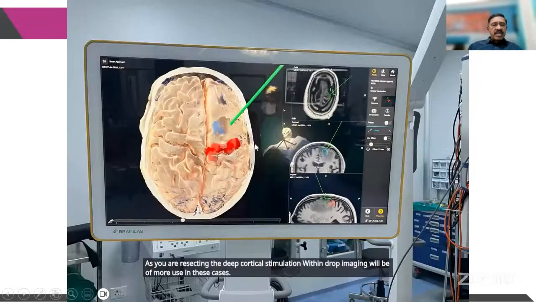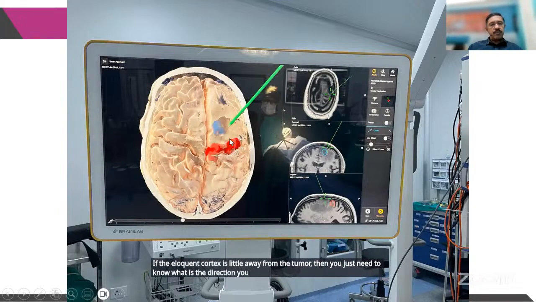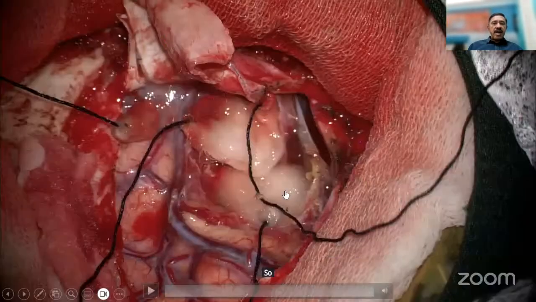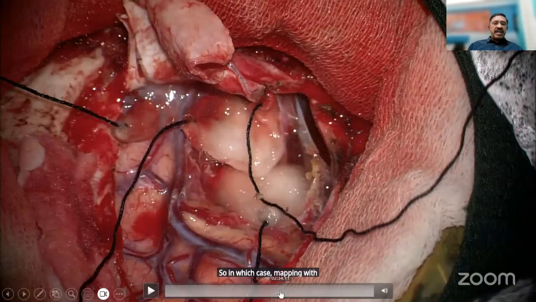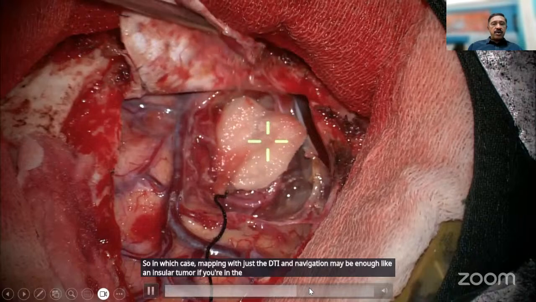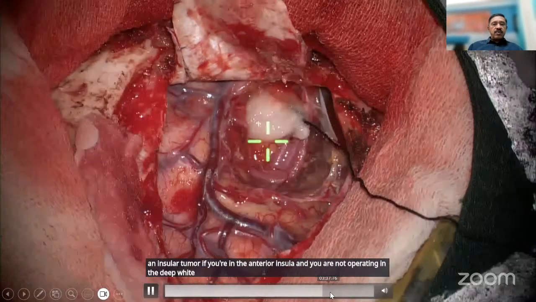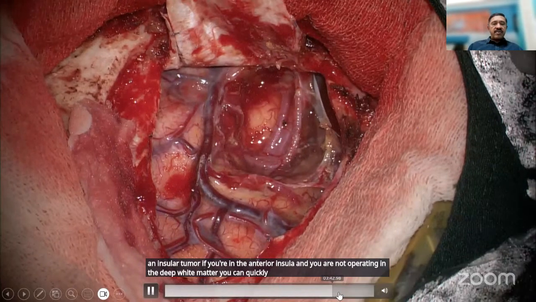If the eloquent cortex is a little away from the tumor, then you just need to know what is the direction you need to be more careful. You may not go right up to the margin to elicit a stimulus from the surrounding eloquent cortex. In which case, mapping with just the DTI and navigation may be enough. Like in an insular tumor, if you're in the anterior insula and you are not operating in the deep white matter, you can quickly turn on the navigation in the microscope.